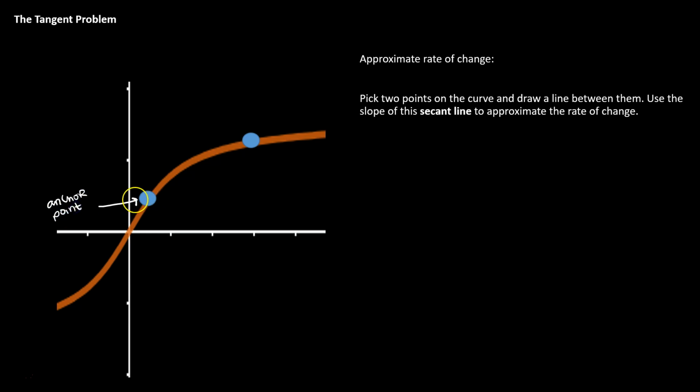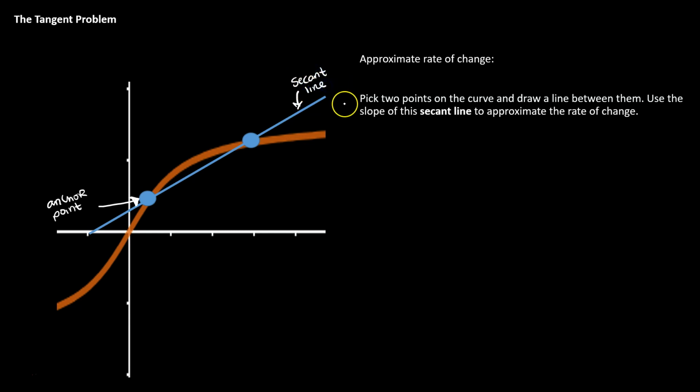This is the point where we are actually asking the question, what's the rate of change right here? This other point is just a point that's been advanced further up along the curve. We're going to pick these 2 points, one anchor point and then another point on the curve, and we're going to draw a line between them. This line is called the secant line.